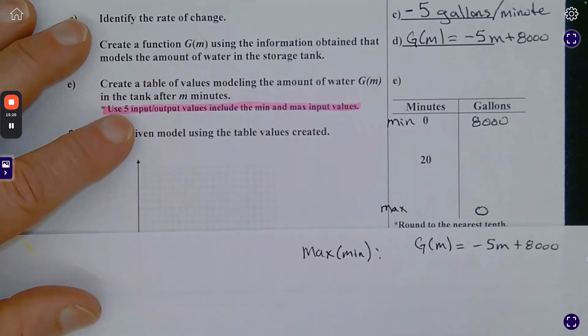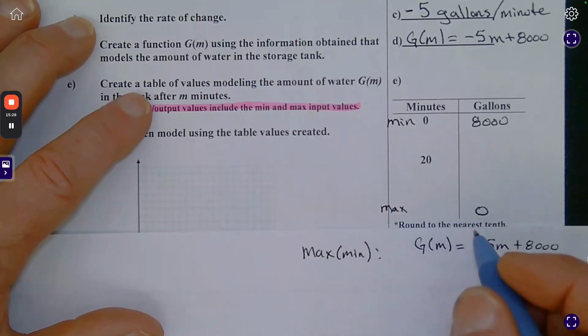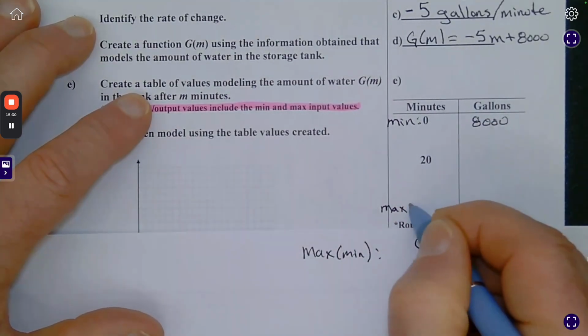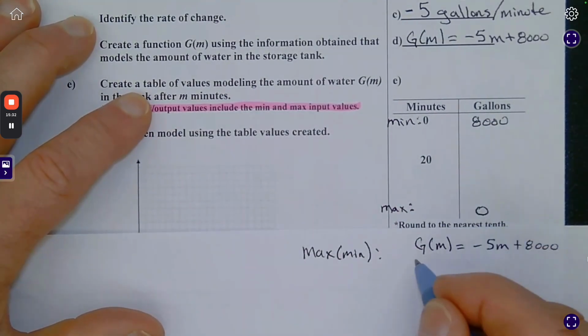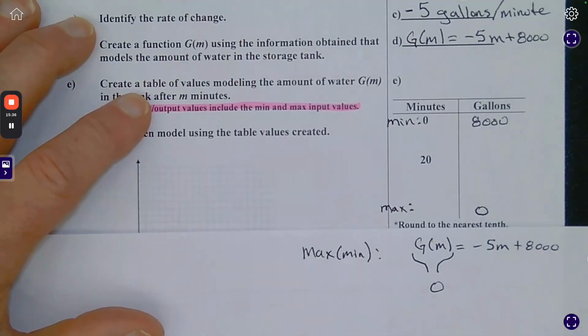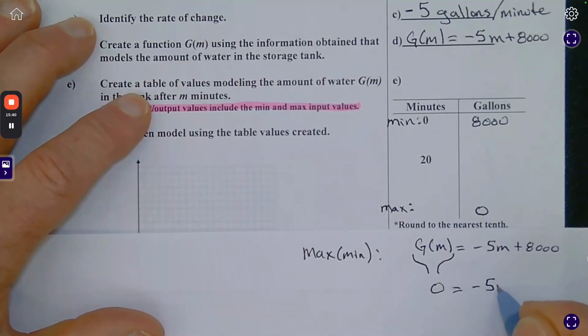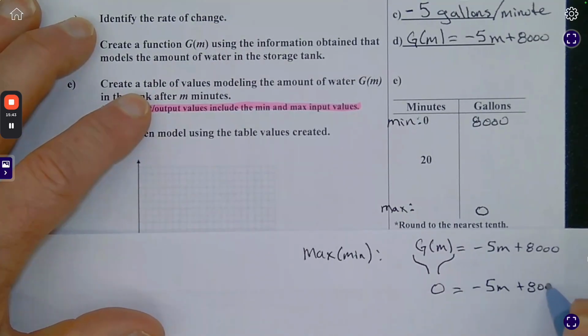And I know at max minutes, there's 0 gallons left. This represents gallons. So there's 0 gallons left. And I'm going to solve this for M, and that'll tell me how long it took for this tank to empty. I'm going to subtract 8,000 from both sides.